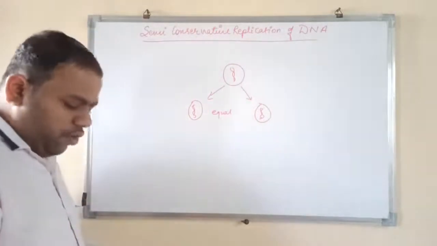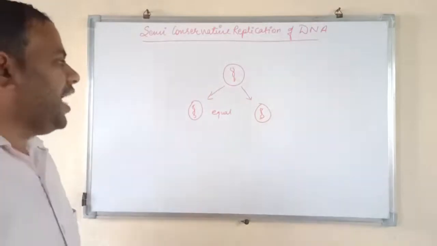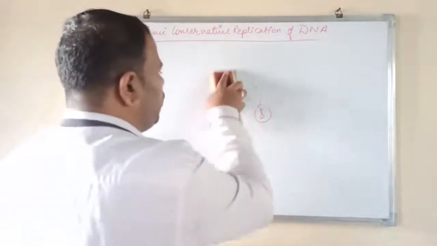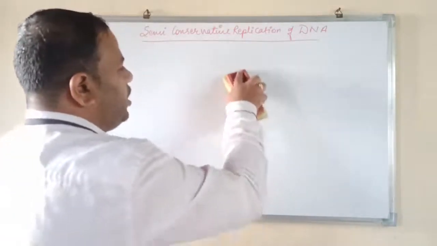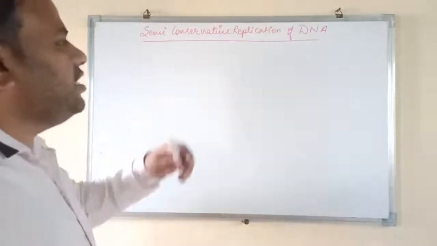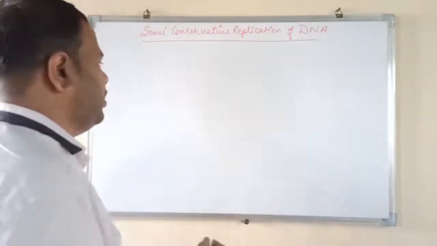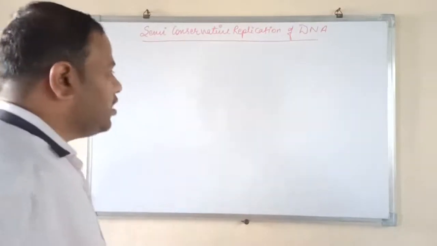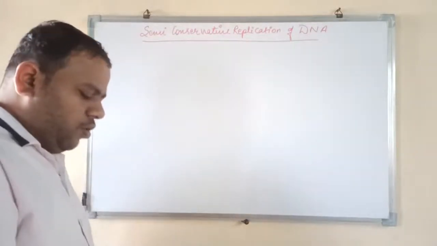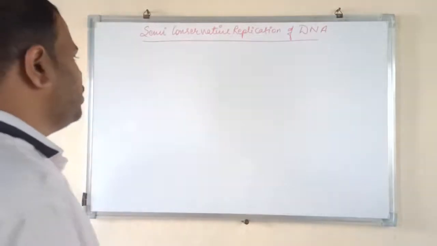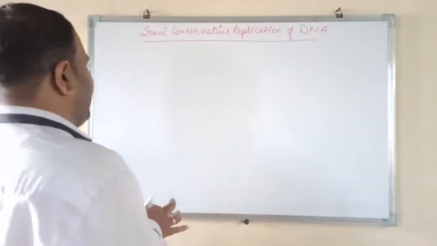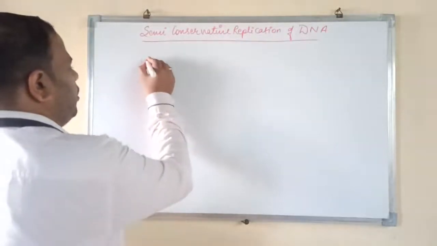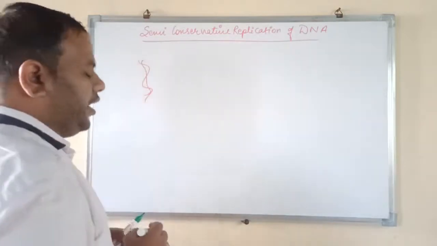First of all, let me explain the different modes of replication. Then we are going to see how the semi-conservative mode of replication of DNA was studied. The first type is called the conservative replication of DNA. What happens in this conservative replication? Suppose this is the parent DNA.